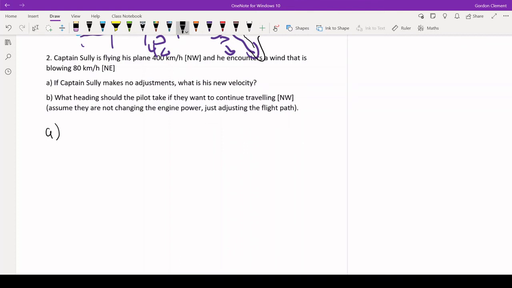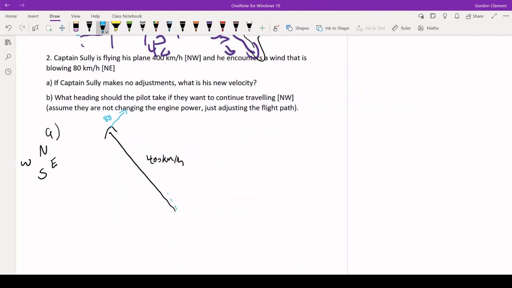So for part A, Captain Sully, north, south, west, east, is flying 400 kilometers in this direction. And to that, we're now going to add something 80 kilometers an hour, heading northeast instead.